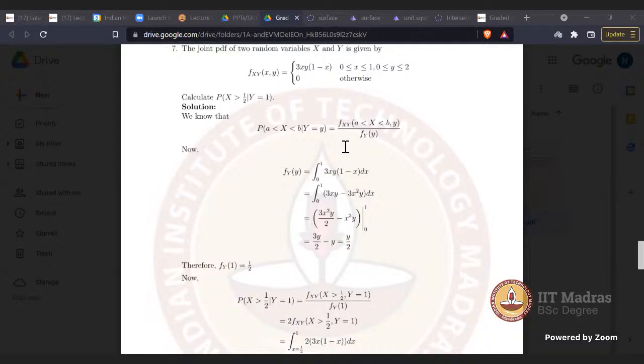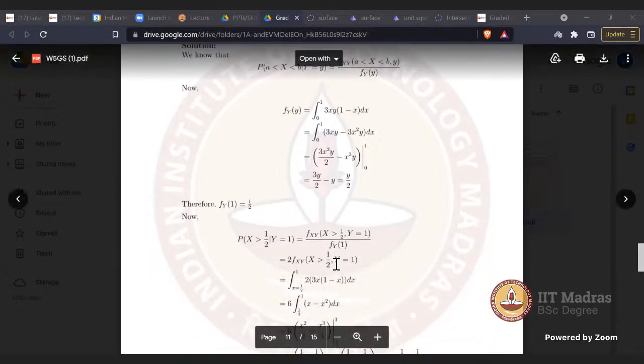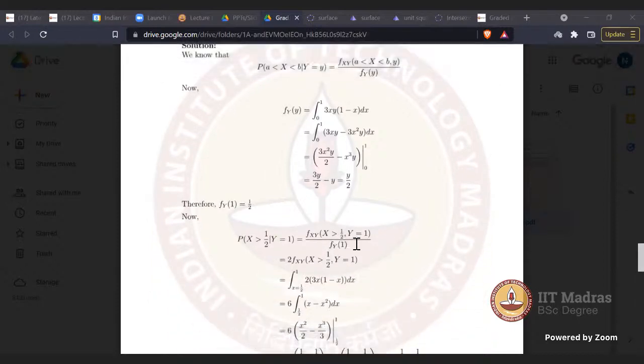Now in the numerator you have fxy, x greater than half given y equals 1. So we can directly substitute y equals 1 in your fxy.